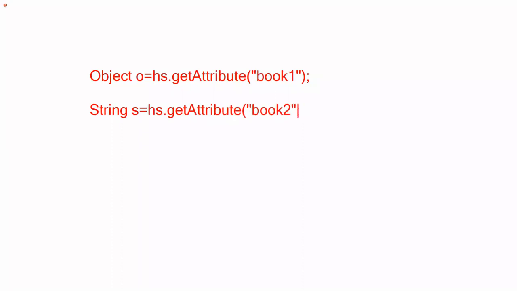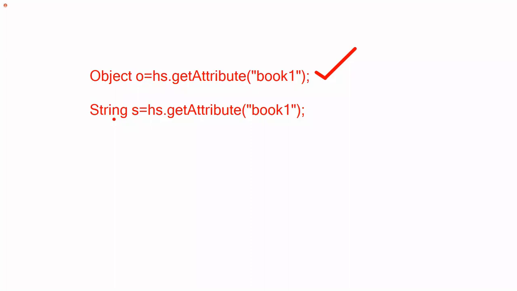So book1. Now, if I write like this, the first line is valid, but is the second line valid or not valid? Actually, it returns Object. I assigned to Object. It is valid. It returns Object assigned to String. Is this line valid or not valid?